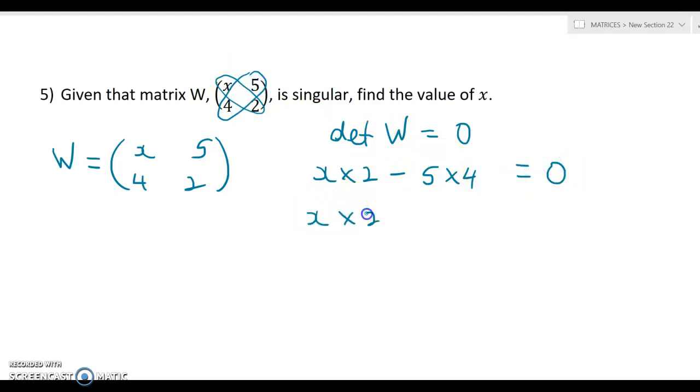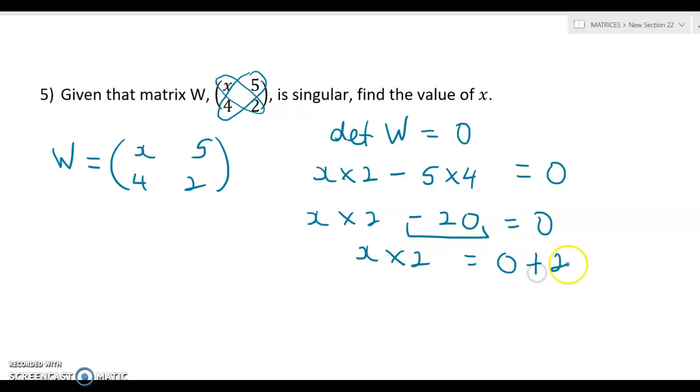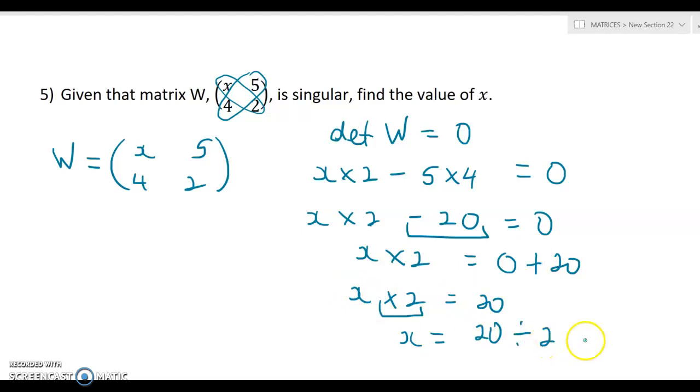X by 2 minus 20 is equal to 0. So X by 2, I'm leaving it as X by 2, you can put it as 2X, is equal to 0. Opposite of taking away 20 is adding 20. So X by itself, carry across the multiplication by 2. It becomes 20 divided by 2, which is 10. The value of X is 10, right?